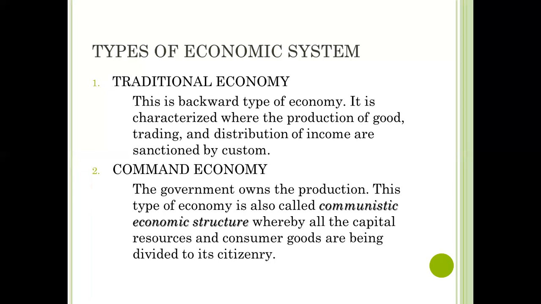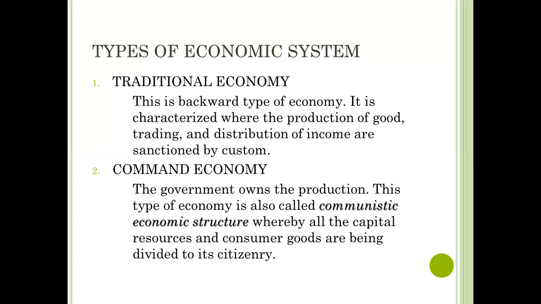So an example of command economy is communist China and the USSR. Before, they dictated the entire product to be produced and how much of it would be sold. So USSR is Russia.